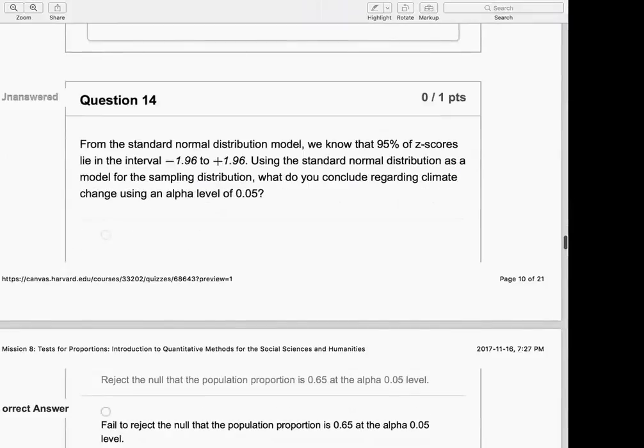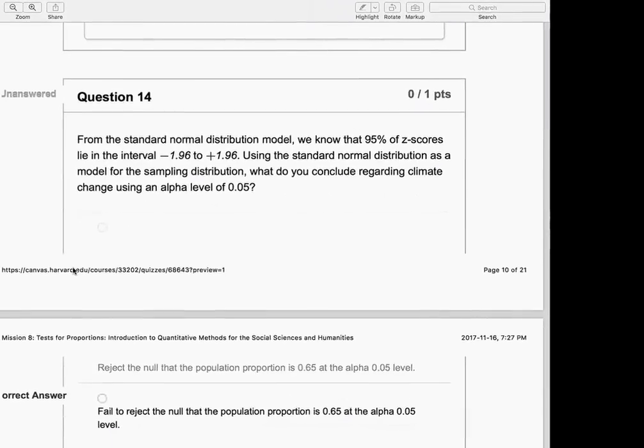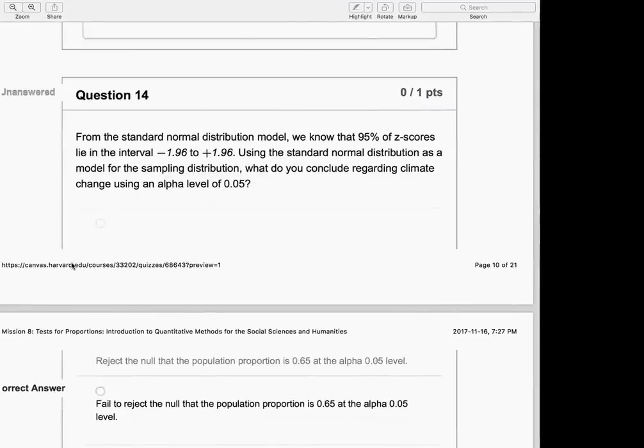It's 1.28. And in this case, we fail to reject the null that the population proportion is 0.65 at the alpha equals 0.05 level. Assuming the sampling distribution is centered around 0.65, it is relatively likely that we would have obtained a sample proportion of 0.7 from random sampling variation. In other words, 1.28 lies within that interval, so 0.7 doesn't vary too much from 0.65.